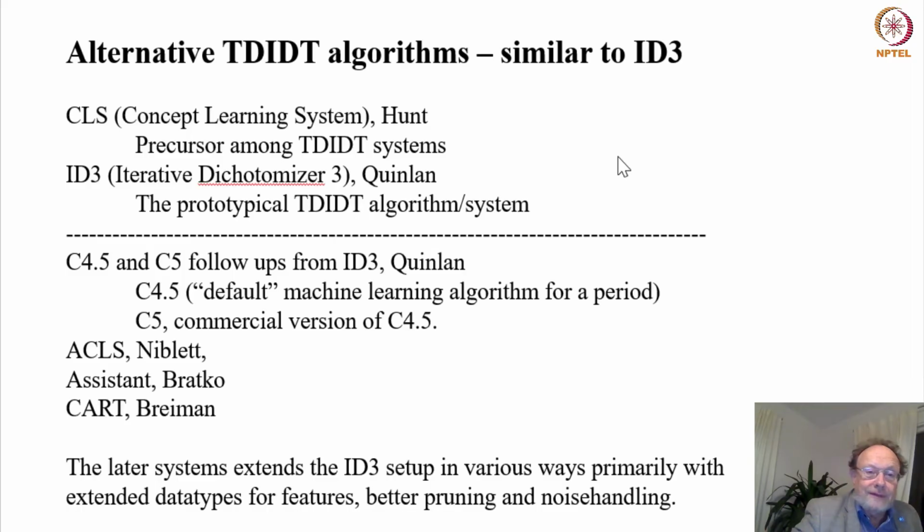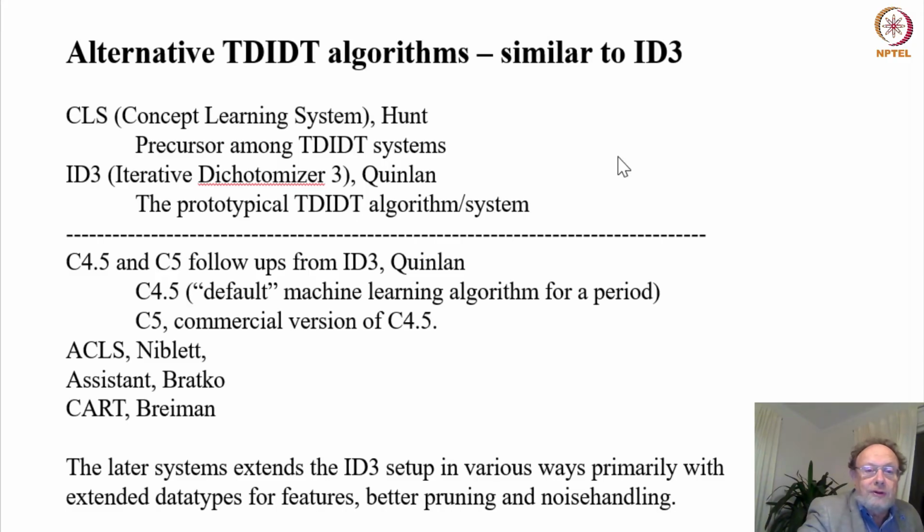However, there were much earlier systems of this kind, one of those called CLS. And actually ID3 is an extension of CLS. Also Quinlan, who developed ID3, followed up this work, and there are actually more current versions that are in practical use.